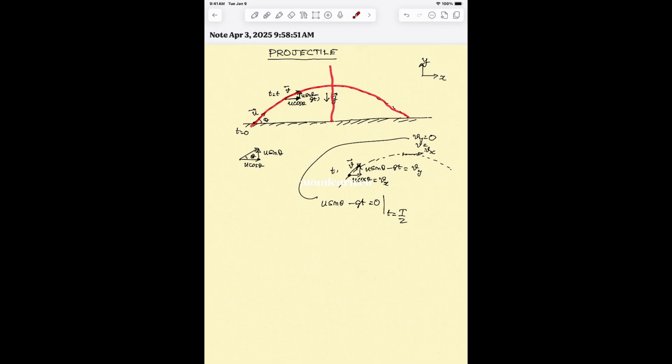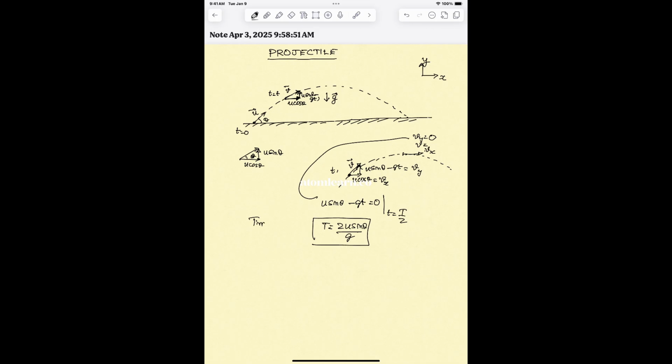This being exactly symmetrical, half the time it goes up, and the other half of the time it comes down. Therefore, when you put t equal to capital T by 2 here, you get t equal to 2u sine theta by g. Therefore, this is the time of flight.